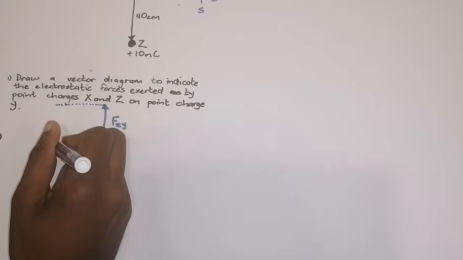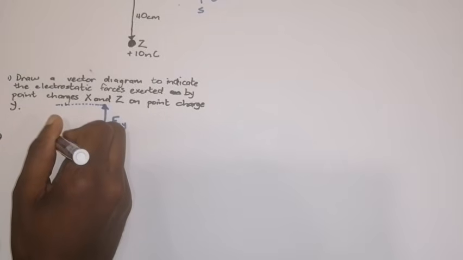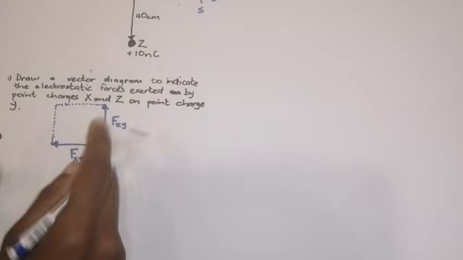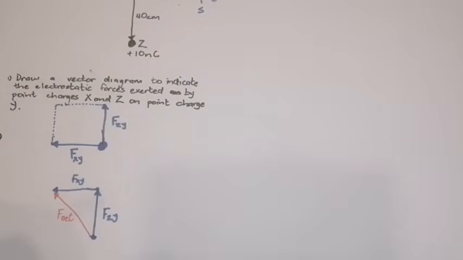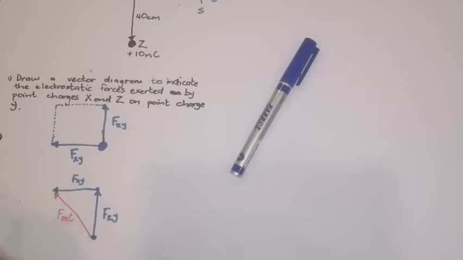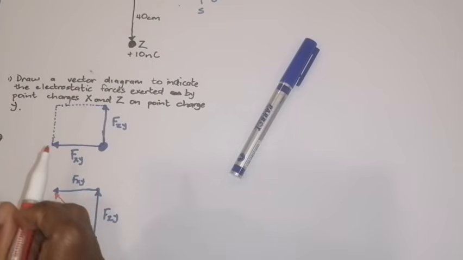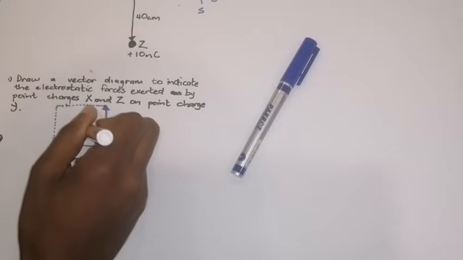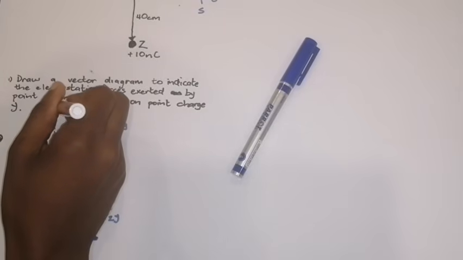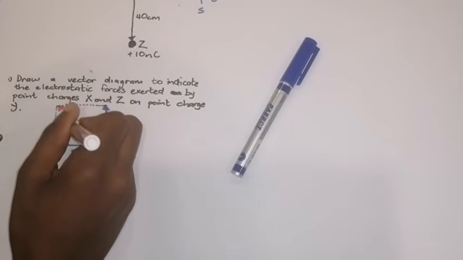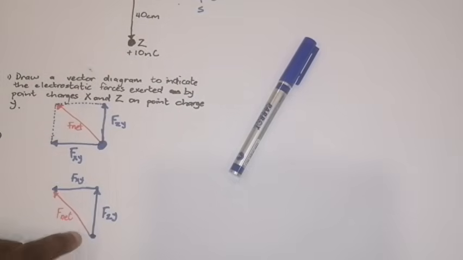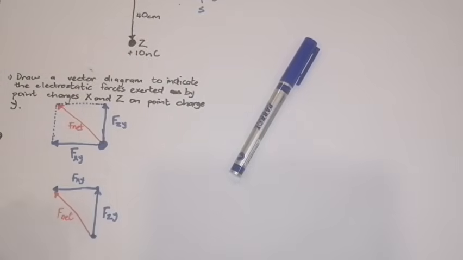And then I've also got another side which is opposite FZY, which is equal to FZY. Then all that you simply do there is draw that, and that is our net force. Note the direction of our net force. That and that are exactly the same.